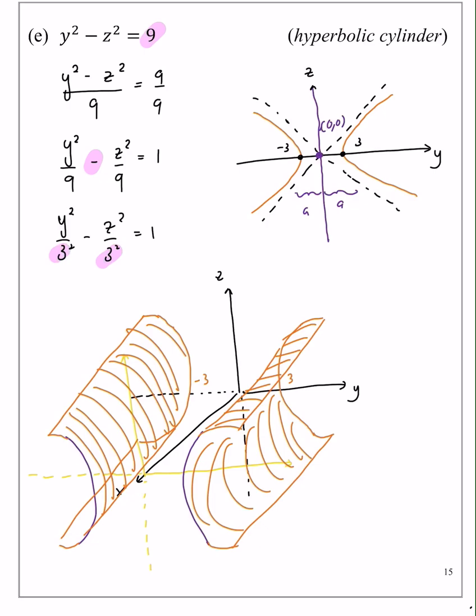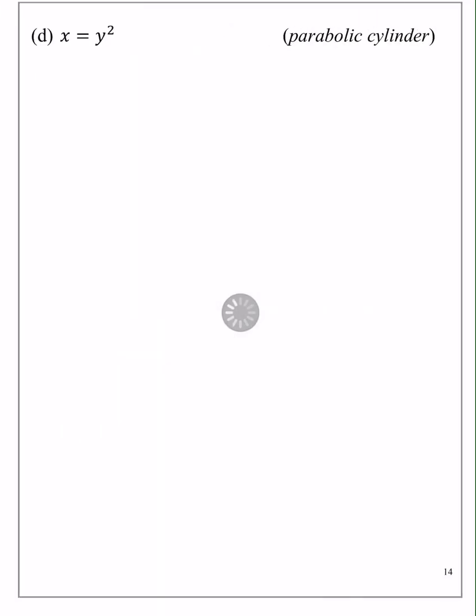Now let's look at the next example. How about this one? x equal to y squared. We don't know what type of equation it is at first, but this one is already displayed as a parabolic cylinder. Now for x equal to y squared, we have one variable missing, which is z.